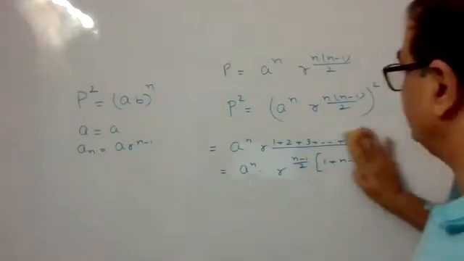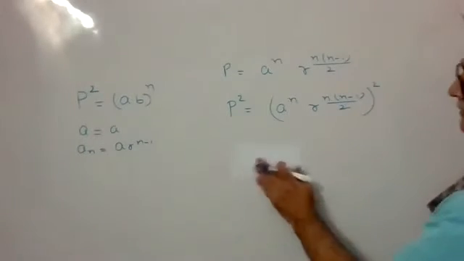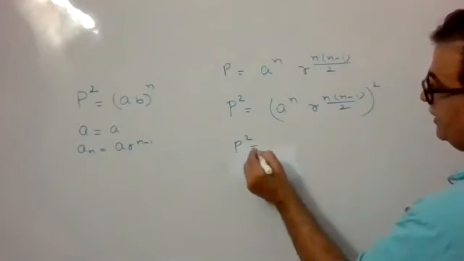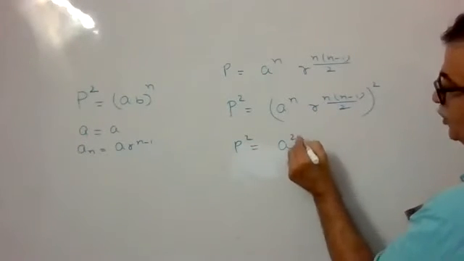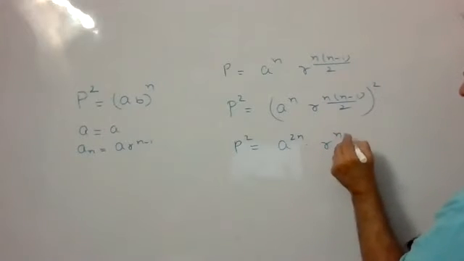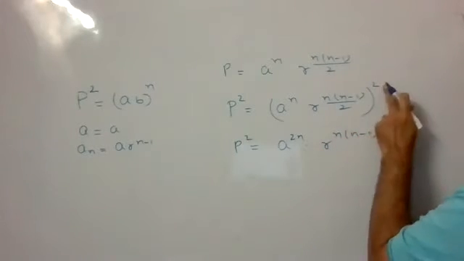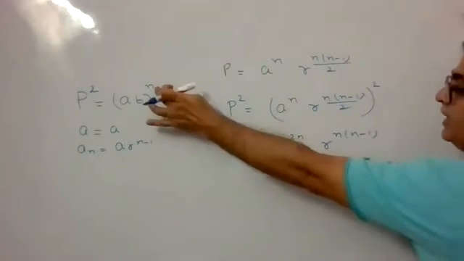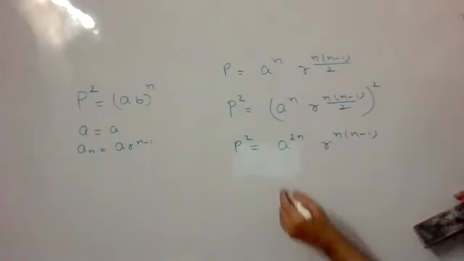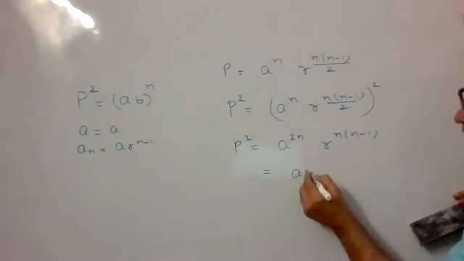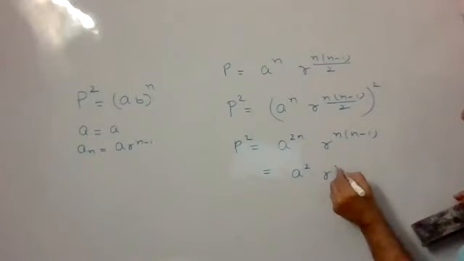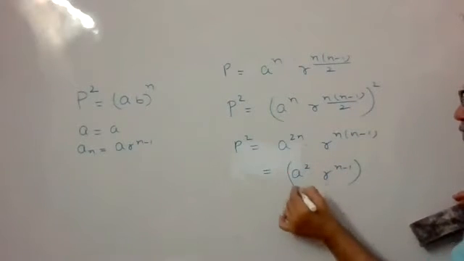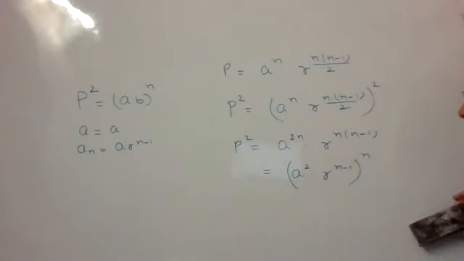Now we solve it further. P square is a power 2n, r power n into n minus 1. This 2 and 2 cancel out. Now I want in the answer power n should be taken out. So what I do here, it will be a square r power n minus 1 whole power n. Can I write it?